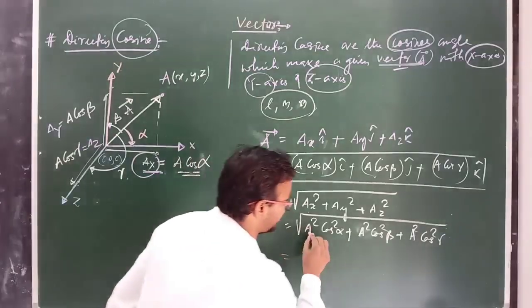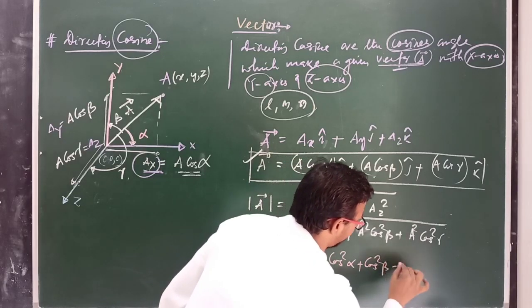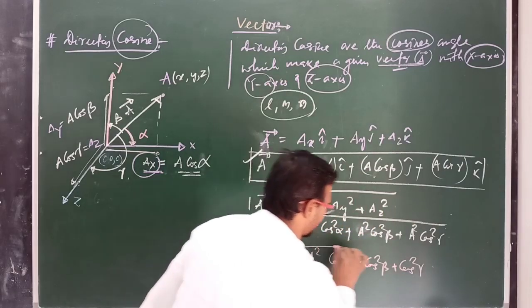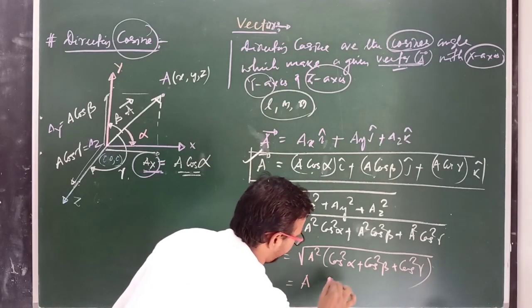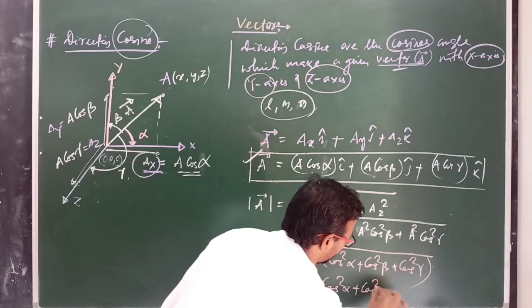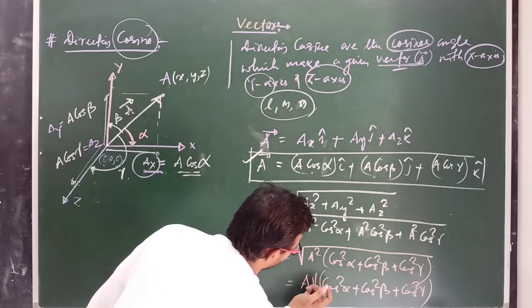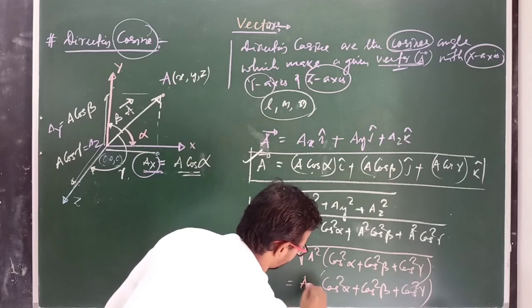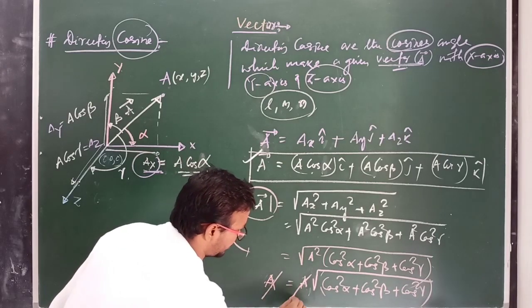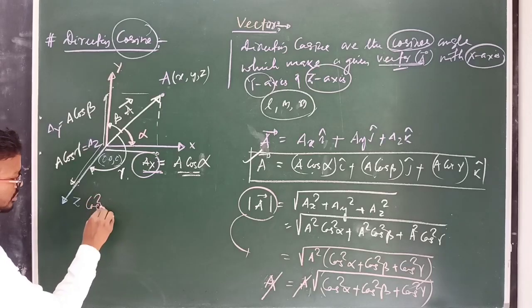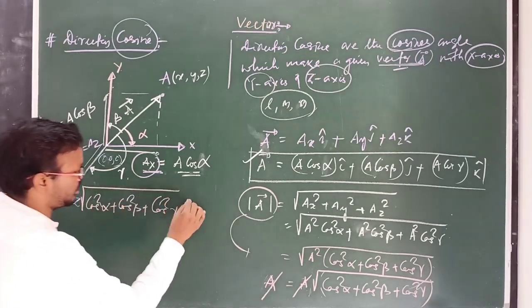Clear? Now solve this relation. You can take a square common, so a under root of cos square alpha plus cos square beta plus cos square gamma, and the square root of a square is a. So a cancels on both sides, and we get the square root of cos square alpha plus cos square beta plus cos square gamma equal to 1.